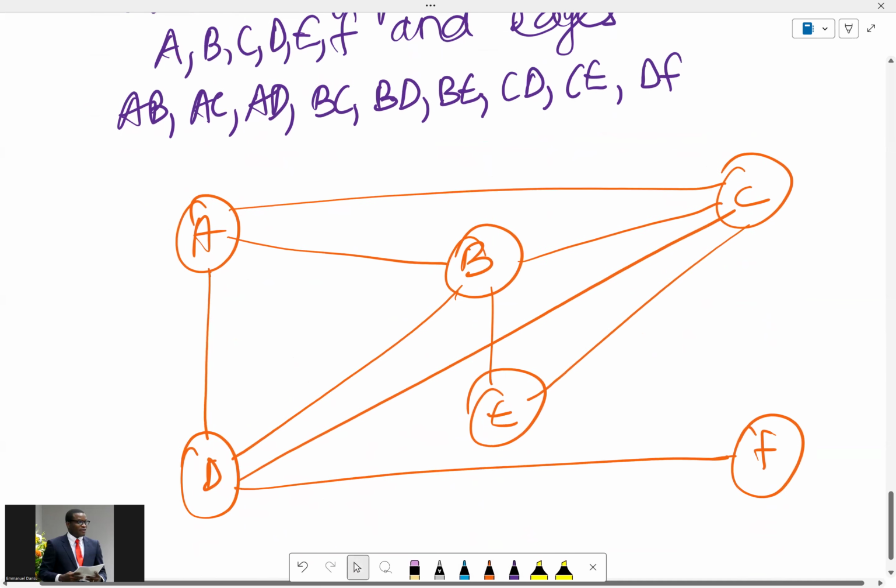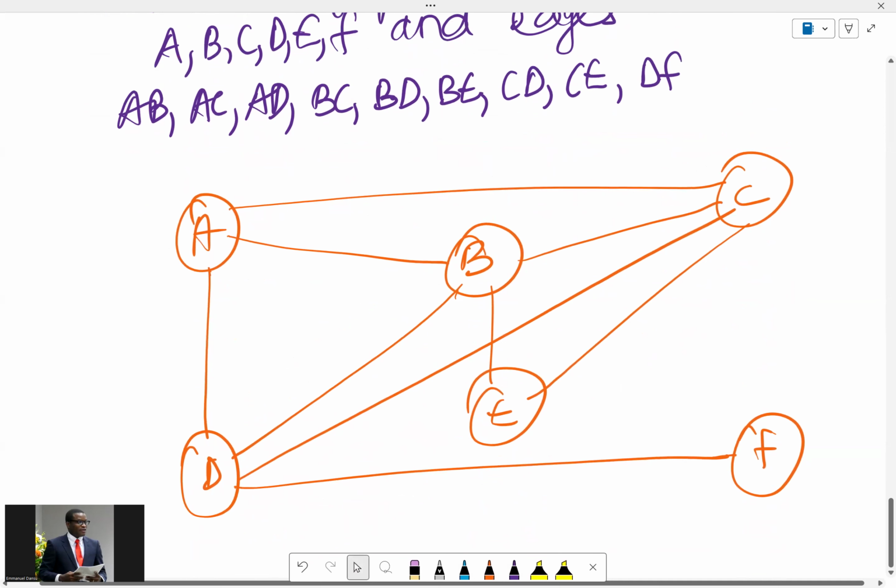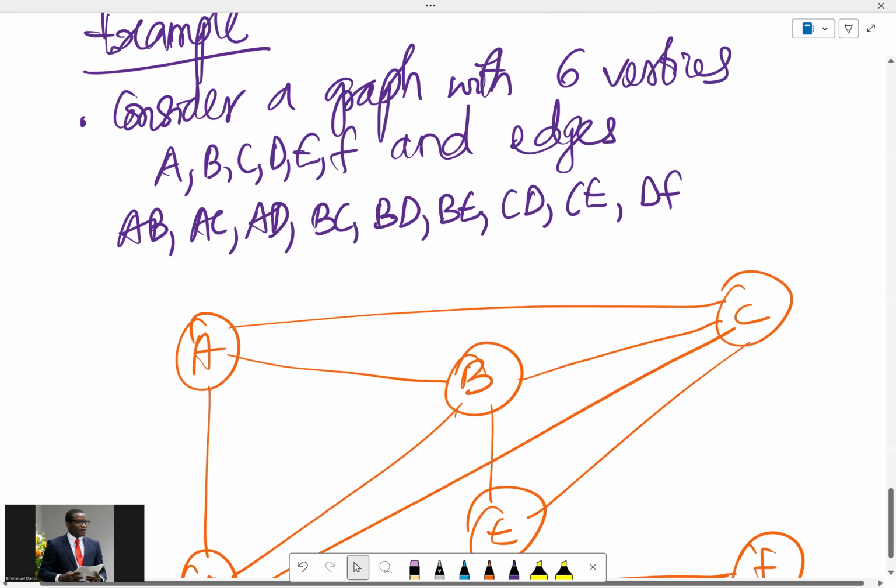From all we have, we can say the graph is connected. Do we have DE? Let's be sure. We don't have DE.